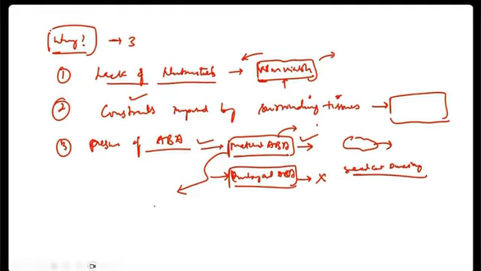Can you give me the broader term? It's precocious germination. So germination that takes place within the mother plant is called precocious germination.